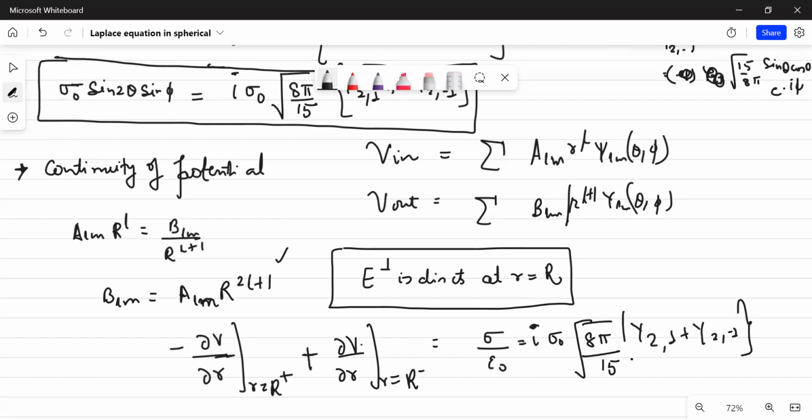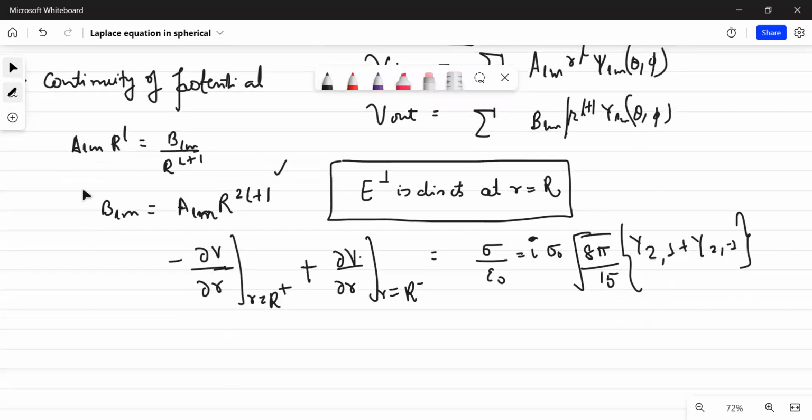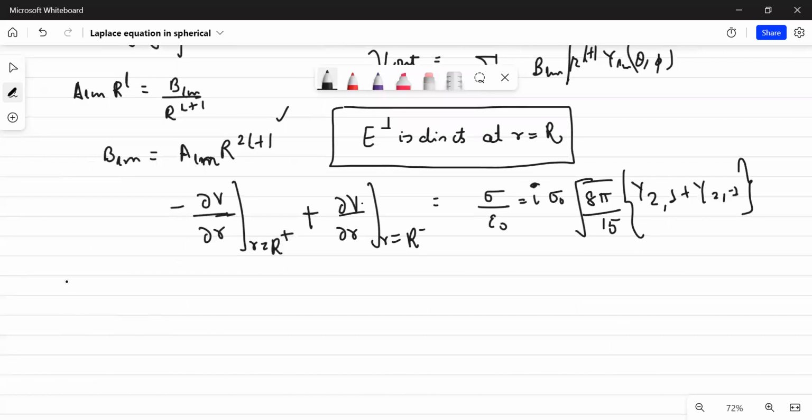I hope it is clear. Now I know that the potential outside is given by B_lm upon r raised to power l plus 1 times Y_lm(theta, phi), with a summation going over all l and m.